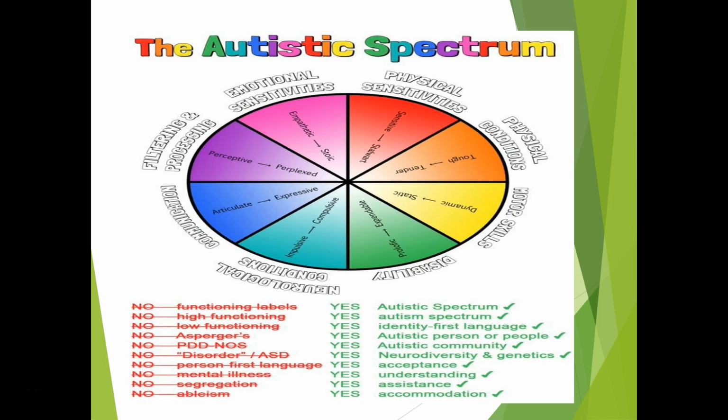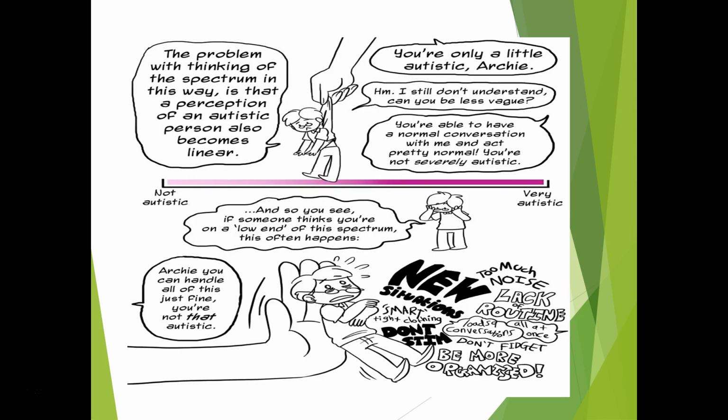That is really something else that we should kind of help to work against. We shouldn't be labeling. We should say a child with autism or on the autism spectrum. So understanding, acceptance, accommodation, neurodiversity are all things that we should be thinking about rather than putting labels and judgments on these kids.